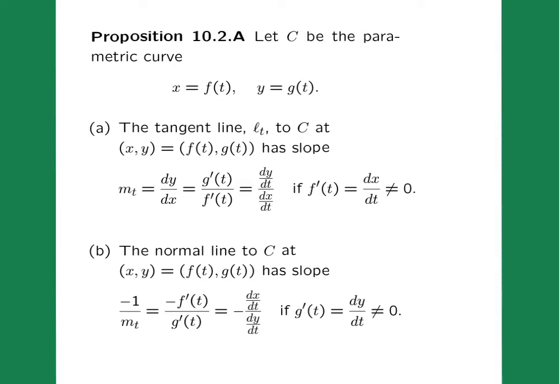What's that equal to? If m sub t is g prime of t over f prime of t, minus 1 over m sub t is the negative reciprocal of this quantity, and we have minus f prime of t over g prime of t, which is the negative of dx dt over dy dt. Again, of course, assuming that this denominator is non-zero.